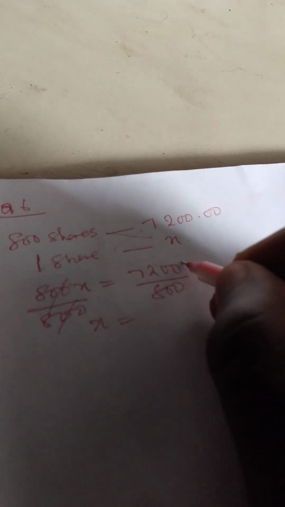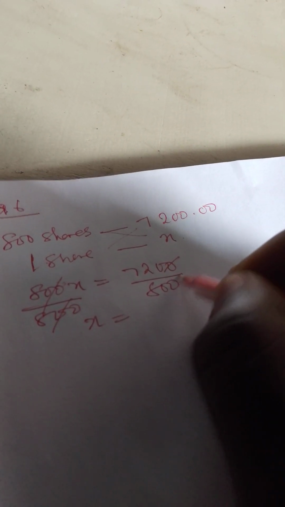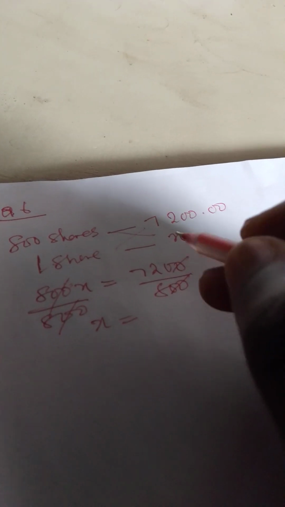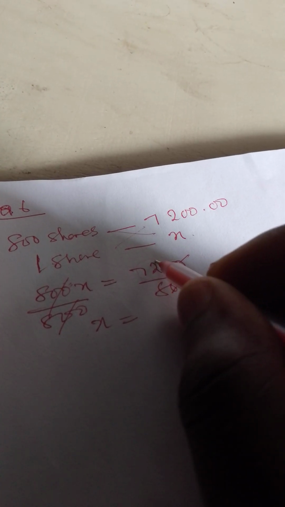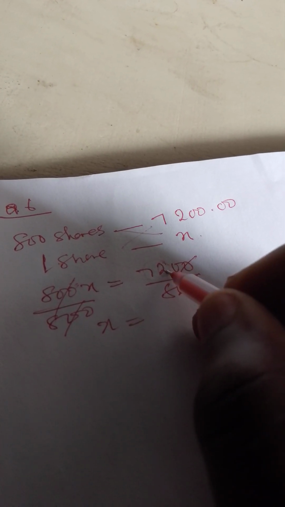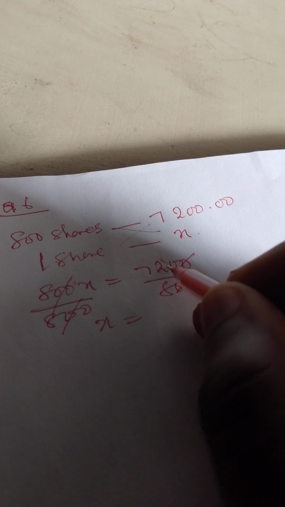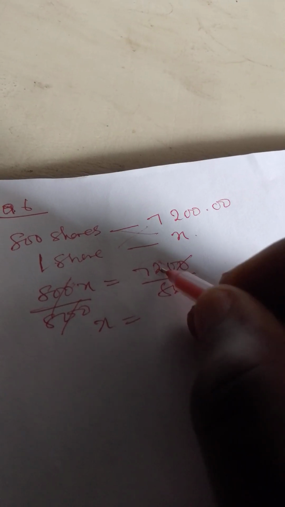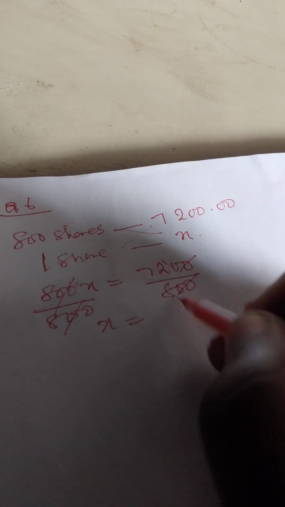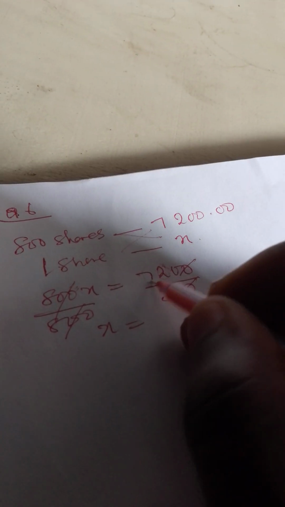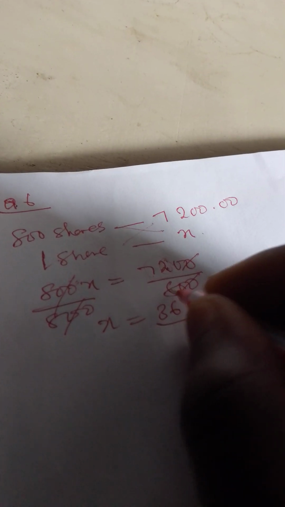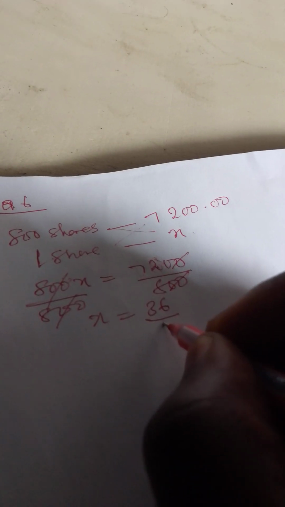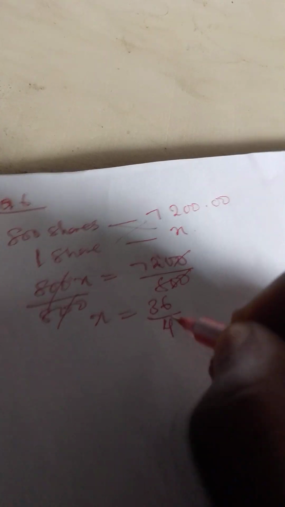Then X is equals to, you cancel the zeros, so you can reduce this. Because the number behind 72 is 2, and we know that 2 can go into 72 and 8. So 2 into 72 is 36, and 2 into 8 is 4.